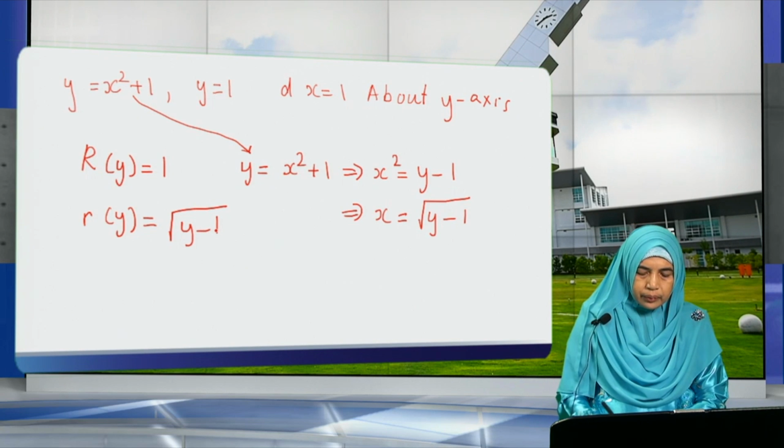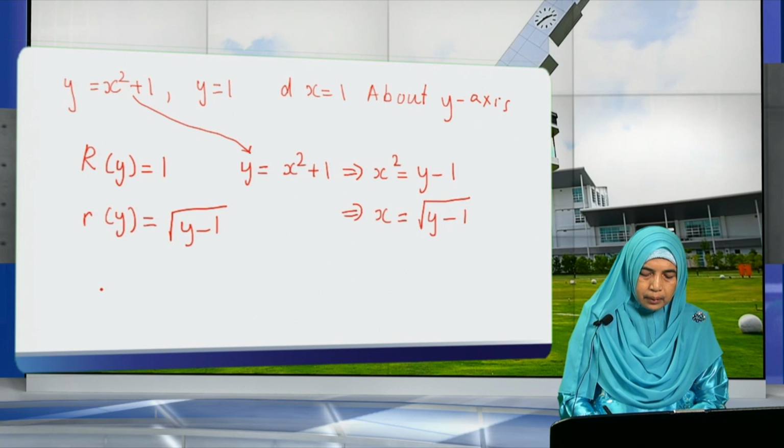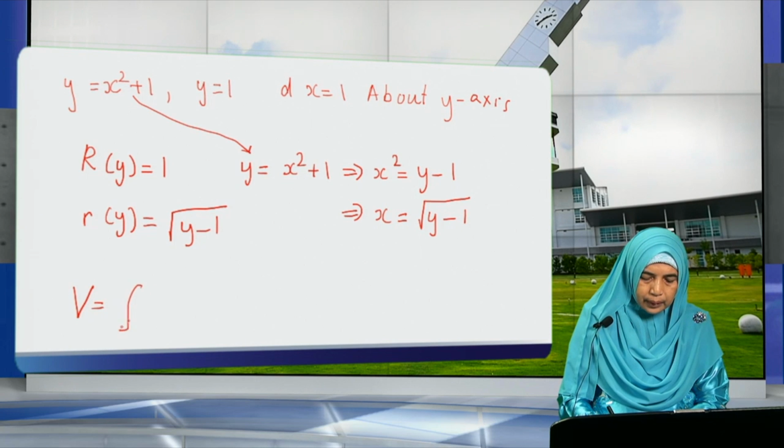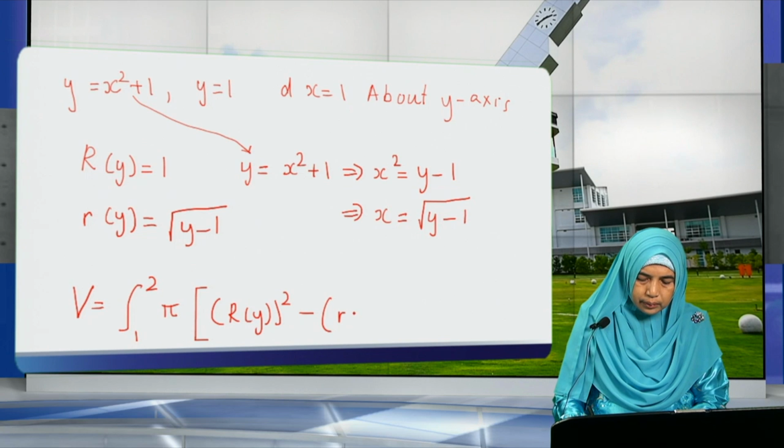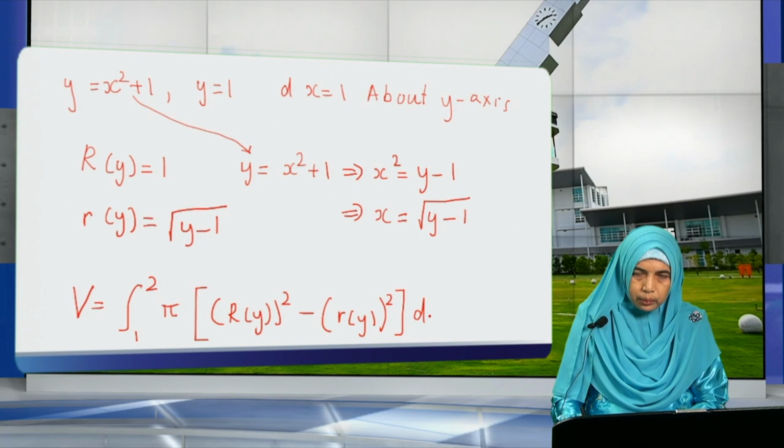So again, the volume of the solid, we revolve it from 1 to 2. So pi times the outer radius in terms of y, squared, minus the inner radius r(y), squared, and we integrate with respect to y.